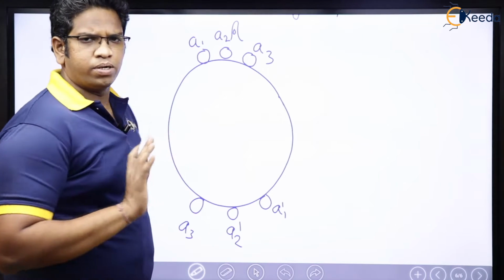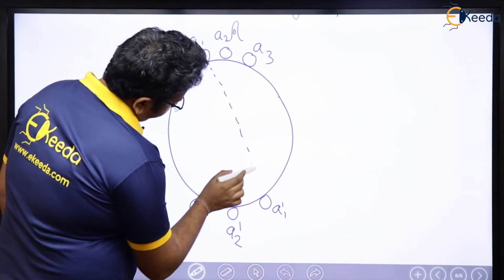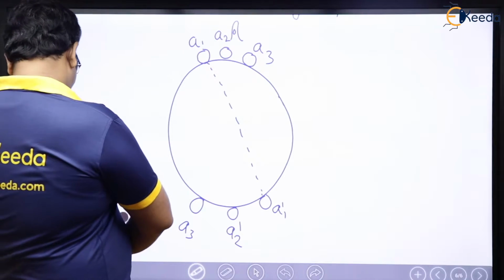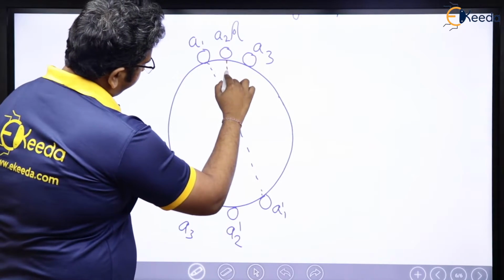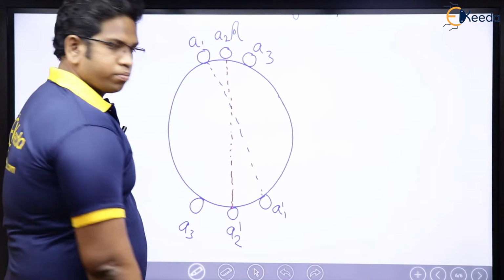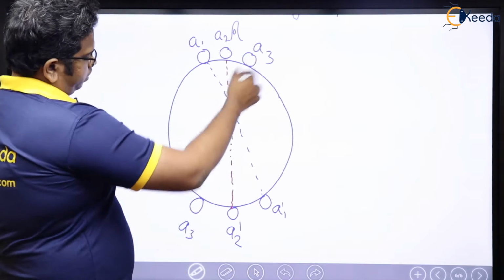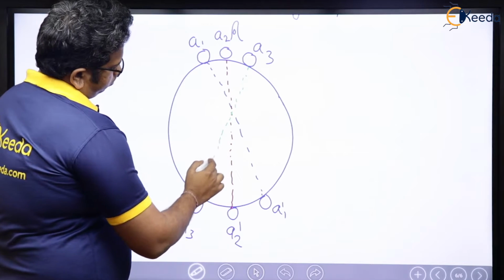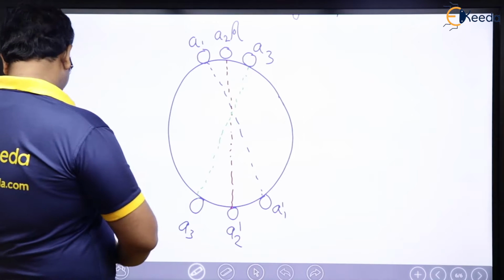Now see here, very simple, don't think much. This axis of A1 and A1 dash is going to be this way, right? The axis in which A2 and A2 dash are placed is going to be this way, right? And the axis of MMF of A3 and A3 dash, they are going to be this way only. They are connected in this way only, right? Anyway, see here.